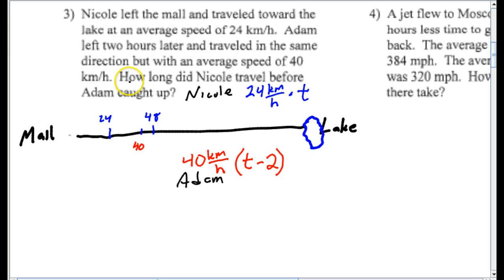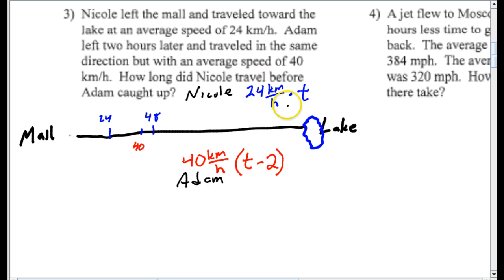And then, so we're trying to figure out how long before Adam caught up. What we can do, we can just keep going on this. So once again, the distance that they're traveling from the mall to the lake is the same.